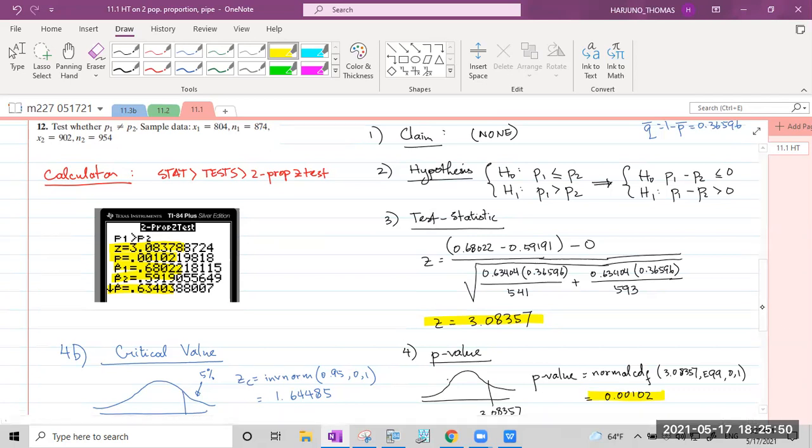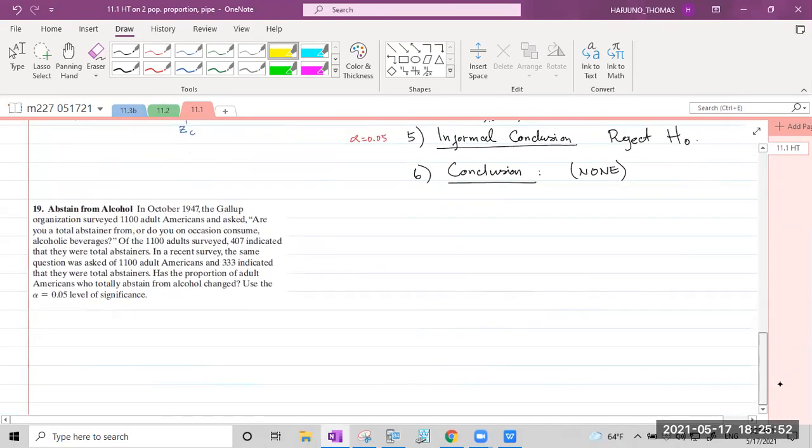Now, let's try doing one word problem from the very beginning. Number 19. In October 1947, the Gallup organization surveyed 1,100 adult Americans and asked, are you a total abstainer from, or do you on occasion consume, alcoholic beverages? Organize your information.